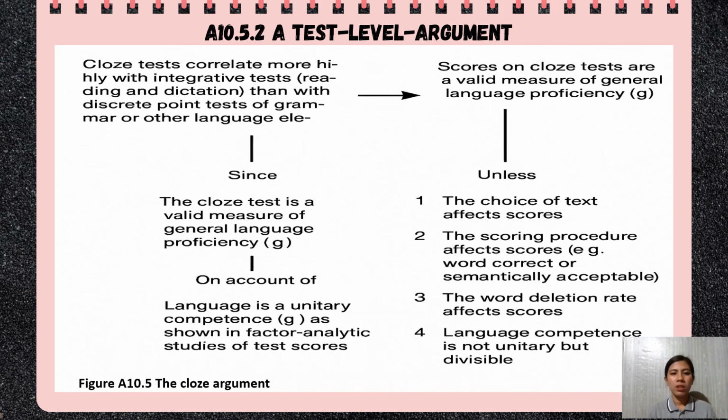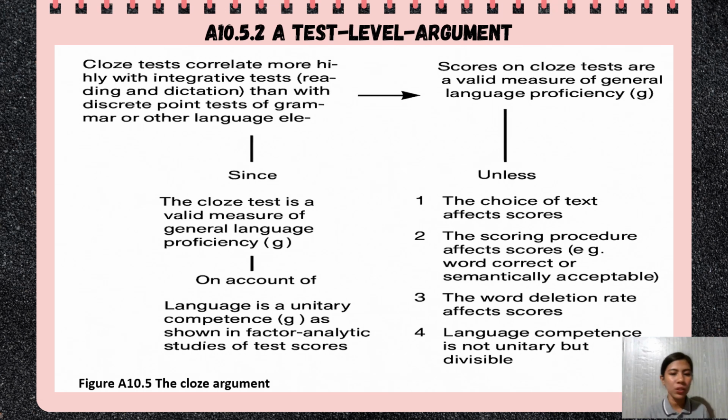So cloze tests are a valid way to measure general language proficiency. As people believed that cloze tests were a valid way to measure general language proficiency, they gathered evidence that cloze tests have a stronger connection, or correlation, with tests like reading and dictation, which test overall language use, than with a grammar-only test.